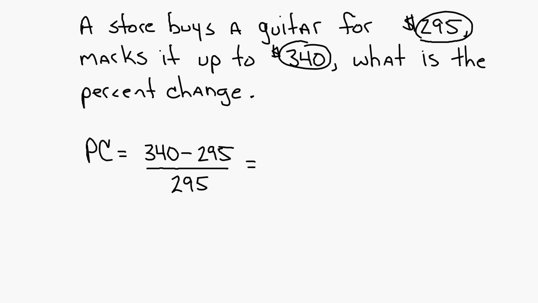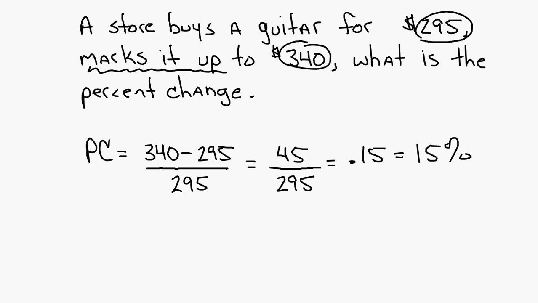So 340 minus 295 is going to be 45. And you're going to divide that by 295. So 45 divided by 295 equals 0.15. 0.15 as a percent is 15%. And the store marked the price up. So the price went up. So this is a 15% increase.